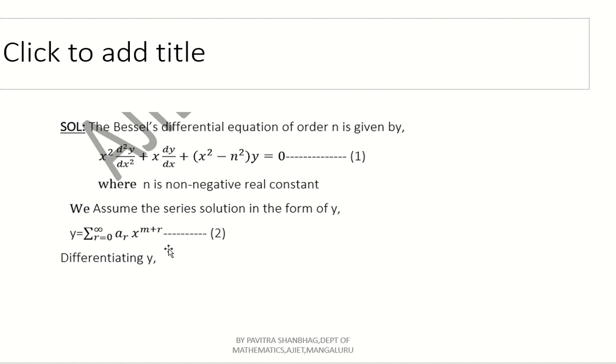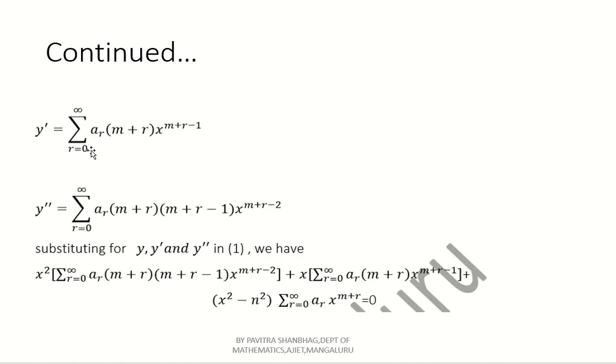The rule is: function power n gives n into function power n minus 1 into the derivative of the function. So y dash is summation r from 0 to infinity a r into (m plus r) x power m plus r minus 1, because the derivative of x with respect to x is 1. Now we want the second order derivative.